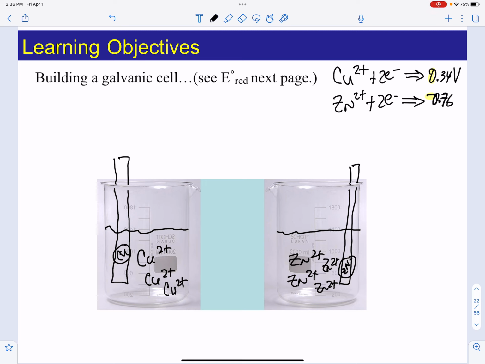So this tells me that copper can be reduced easier than zinc. So if someone is going to receive electrons between these two, it's going to be copper 2 plus.